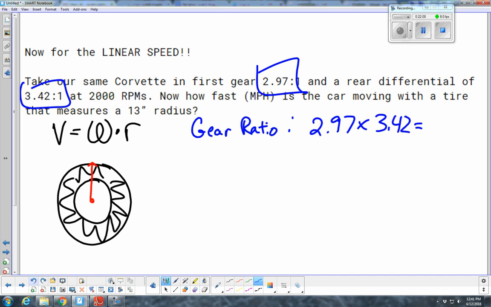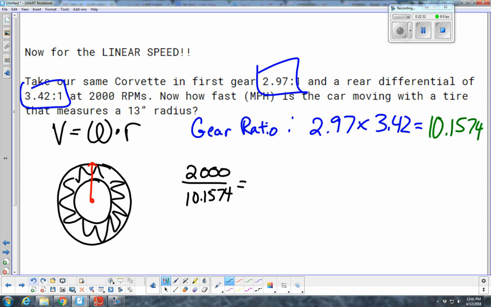That's our combined gear ratio. So what is our angular speed? Our angular speed is 2,000 RPMs divided by the gear ratio, 10.1574. That gives us 197, rounded. So we're at 197 RPMs. That is our angular speed.